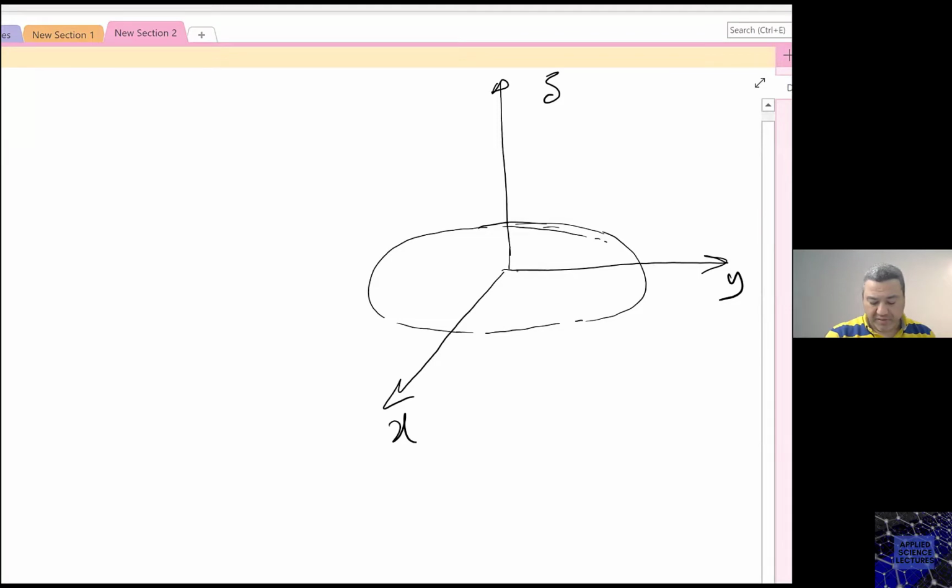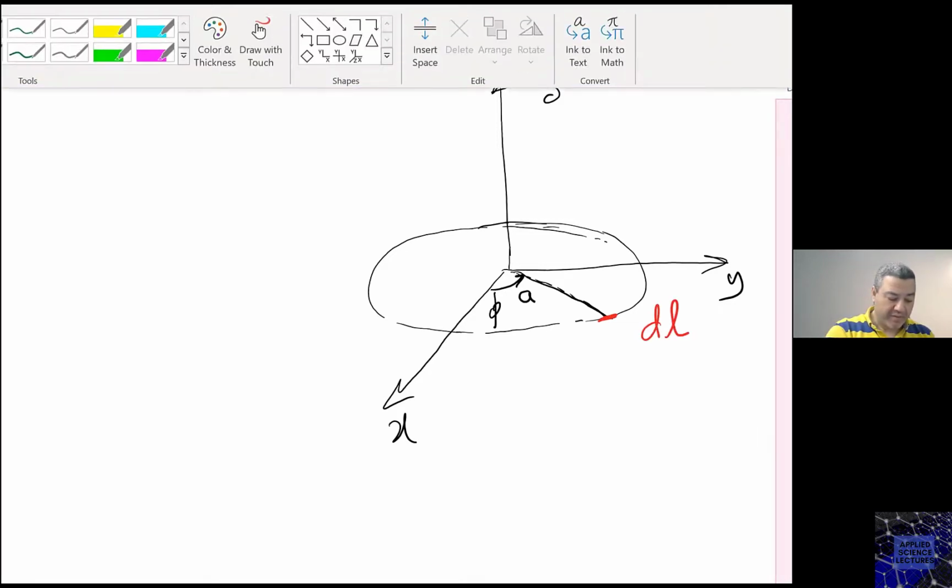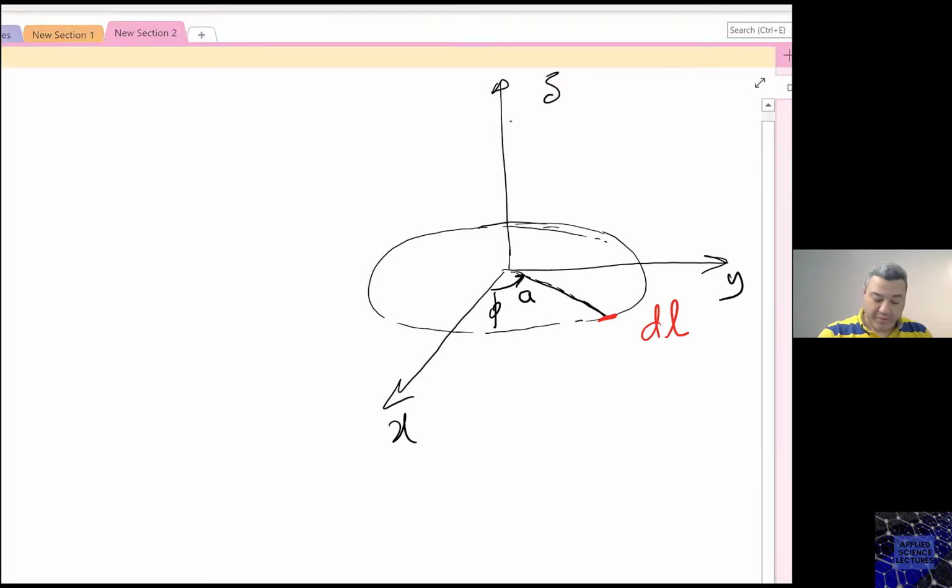If I take this to be a, the radius, and this one to be the angle phi, and this piece here is my dl, and then the point that I'm interested in calculating the electric field is right on the z-axis.